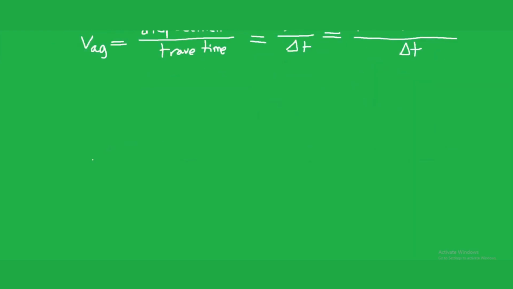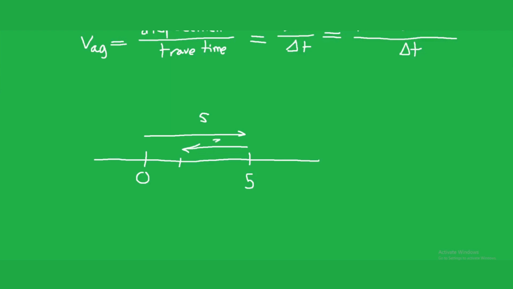Displacement, for example, one way to think of it is, say you're at 0. Say you travel 5 units, and then you travel back 3 units. So we travel over here 5, and we travel back 3.